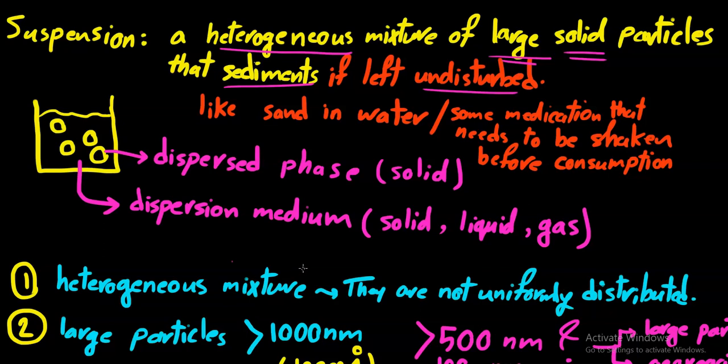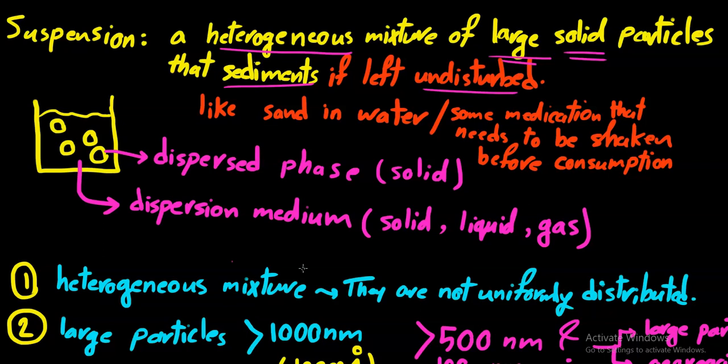As long as you're mixing it, it doesn't sediment, it doesn't precipitate. But when you stop stirring it, when you leave it undisturbed, the large solid particles start to sediment at the bottom of the container. So we call it a kind of suspension.